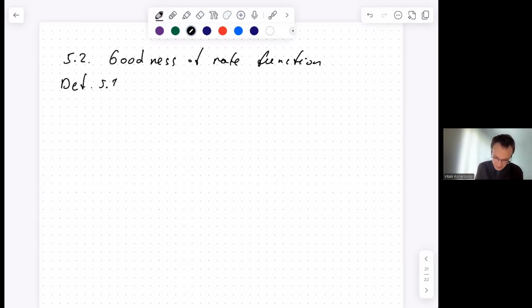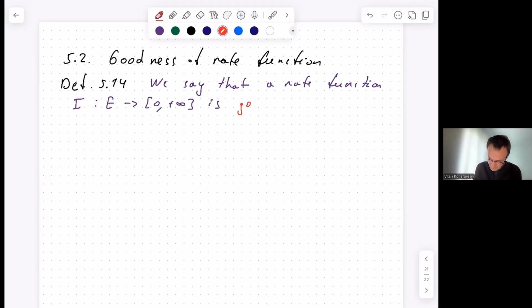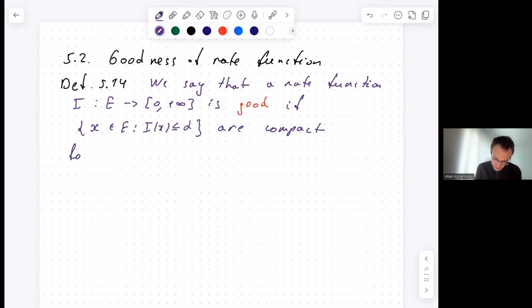Definition 5.14: we say that a rate function I from a metric space E to [0, plus infinity] is good if the level sets {x from E such that I of x is less or equal alpha} are compact, rather than just closed, for all alpha that are non-negative.